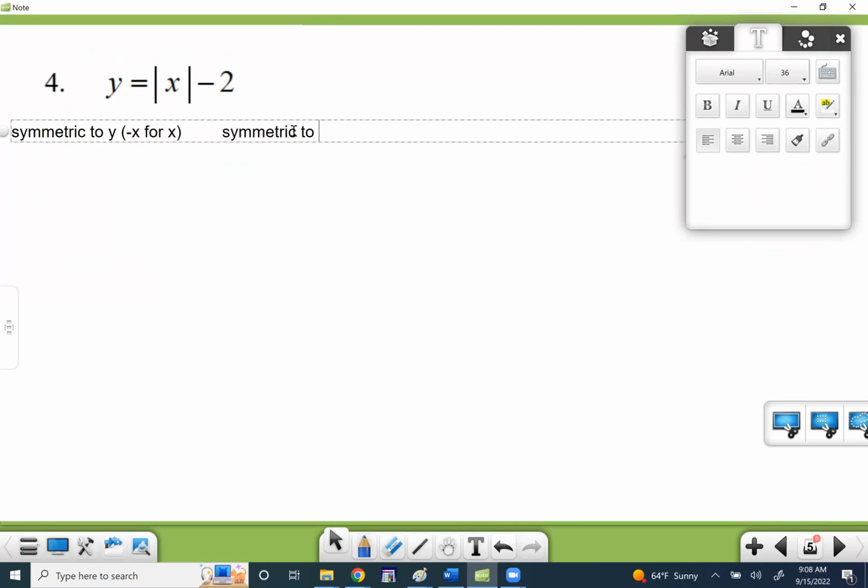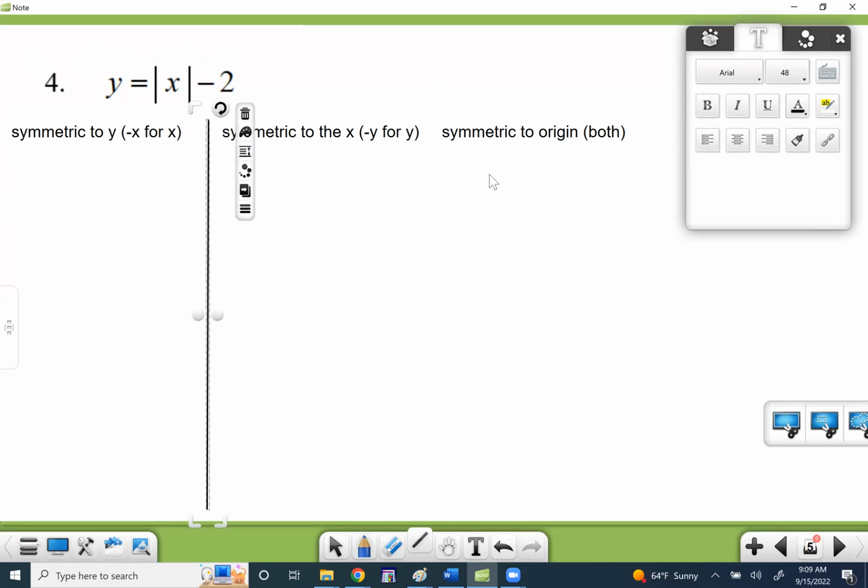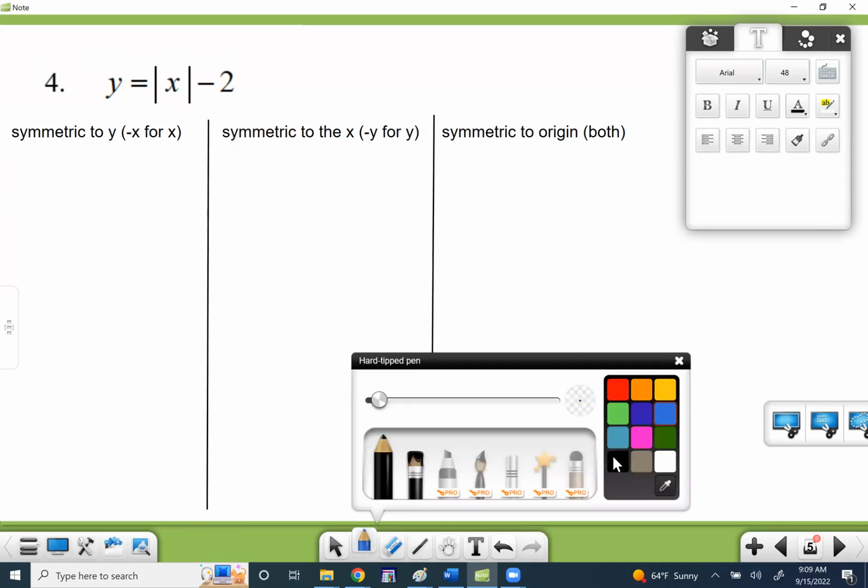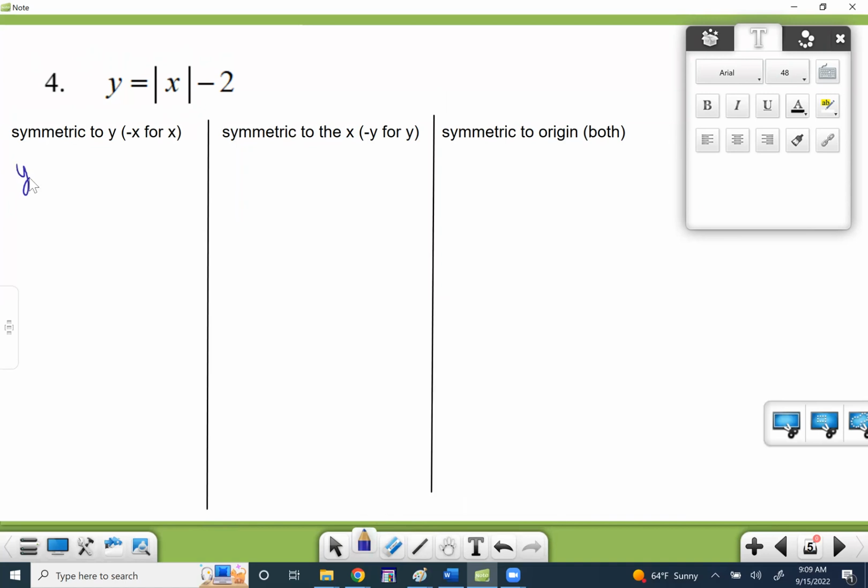Symmetric x. So negative y for y. And symmetric to origin. So let's try this. Okay, so we're going to put in a negative x for the x.